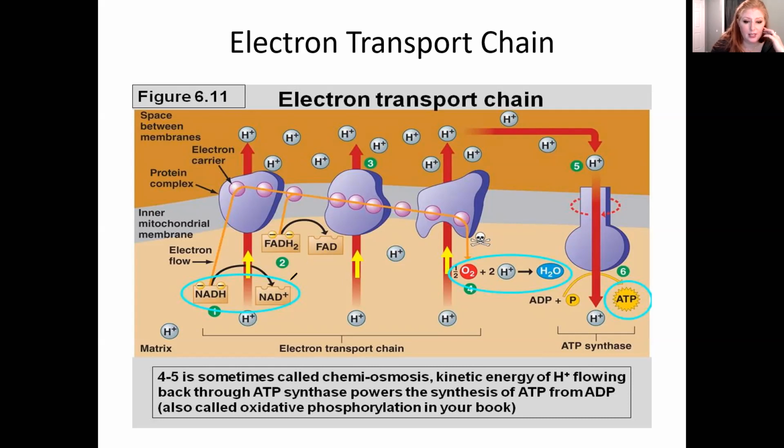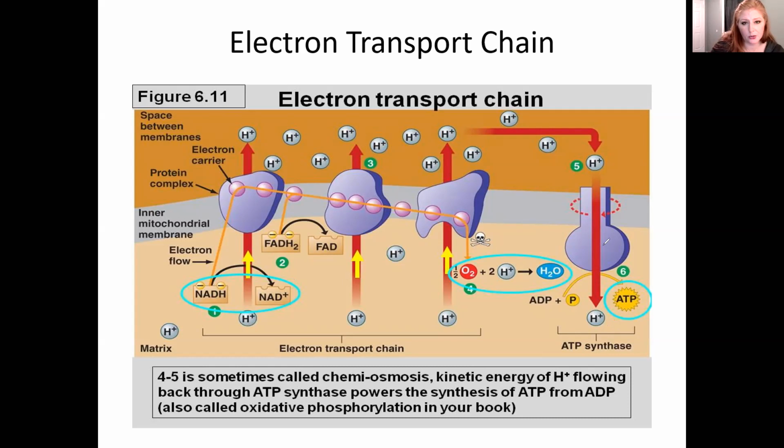Hydrogens, I've already said that the energy from the electrons going down the chain gets used to push the hydrogen protons to the intermembrane space, and this forms a proton gradient. The protons are not happy to be out here because it's super crowded and they got kicked out of the party. They want back in the party. The only way to get back in the party is to go through the ATP synthase, which is kind of like the back door.